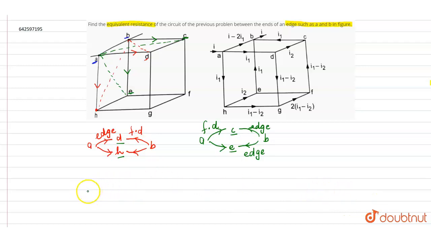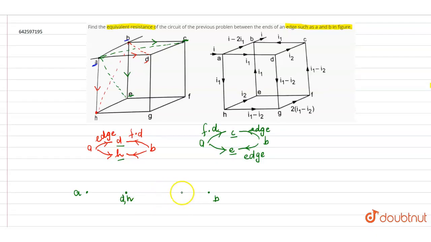Let us say this is point A, and here it is point B. This is point D and H, and this is point C and E. Now between A and D one resistance is there, so let us draw it. And between A to H one more resistance is there.